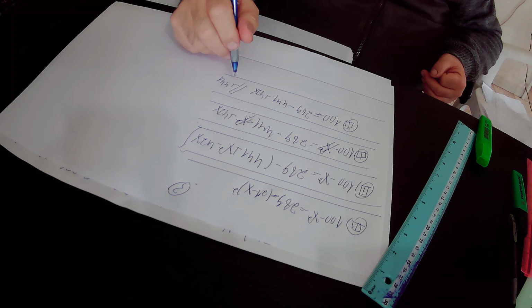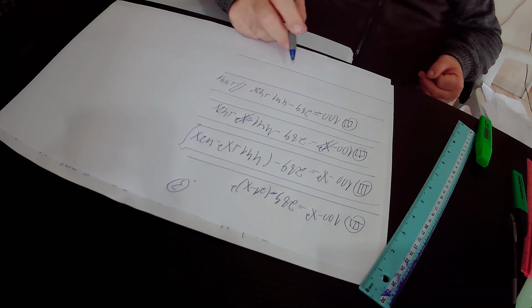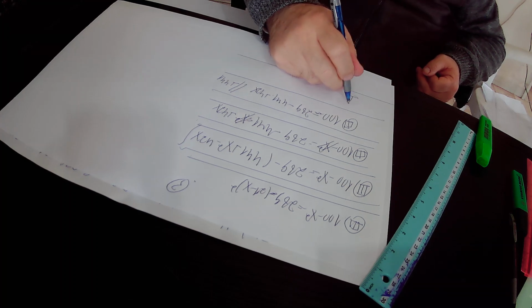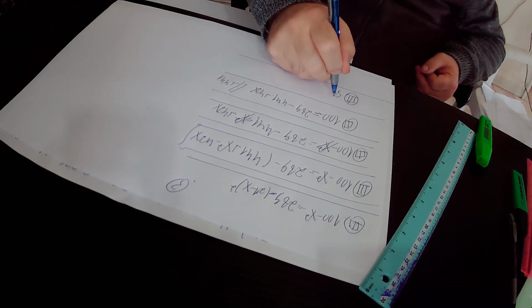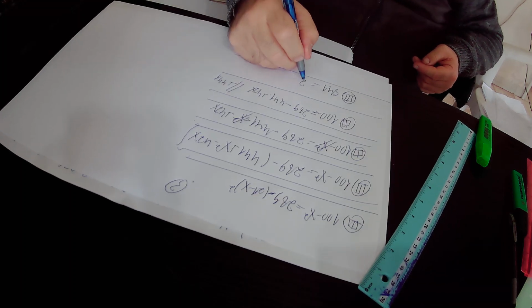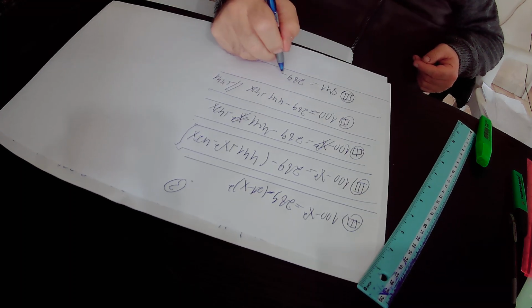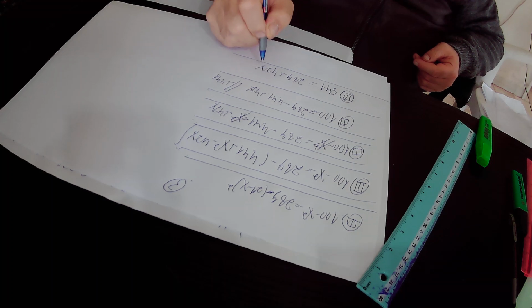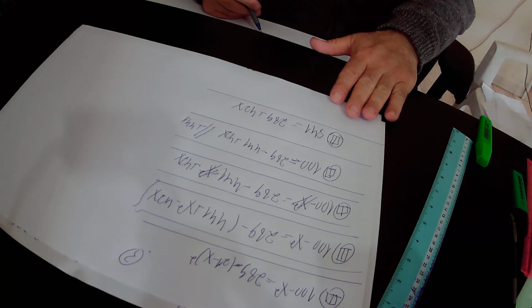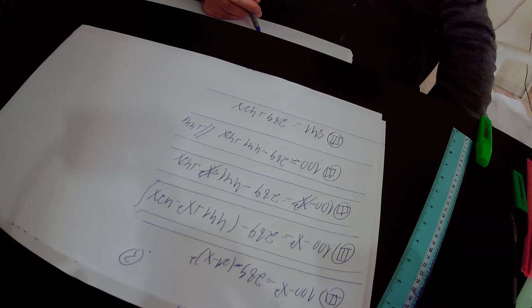And we get that 441 plus 100 equals 541, and it equals 289 plus 42x. So 541 equals 289 plus 42x.